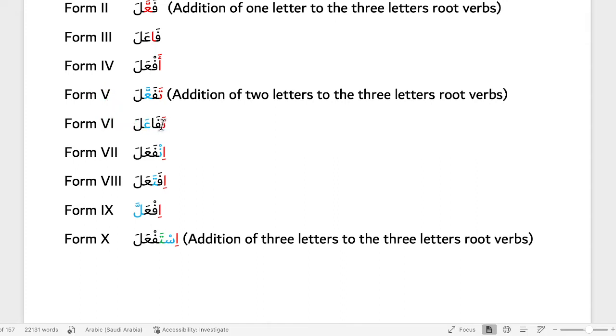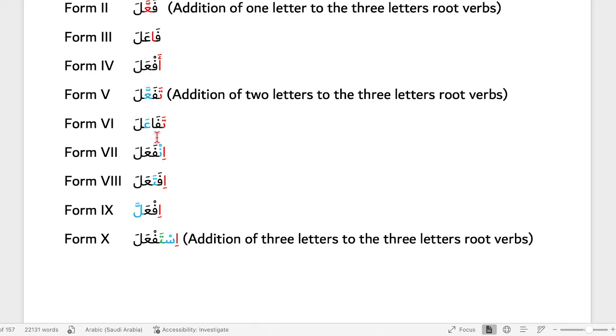So again two letters are added, ta and alif. Simply to understand this, just remember that if you add ta to form 2, it becomes form 5, and if you add ta to form 3, it becomes form 6. So just by adding ta to these two forms, you get the two new forms, 5 and 6.